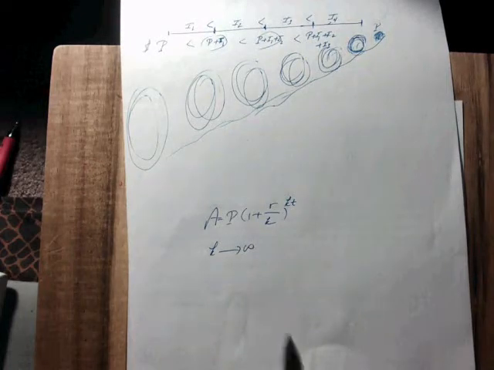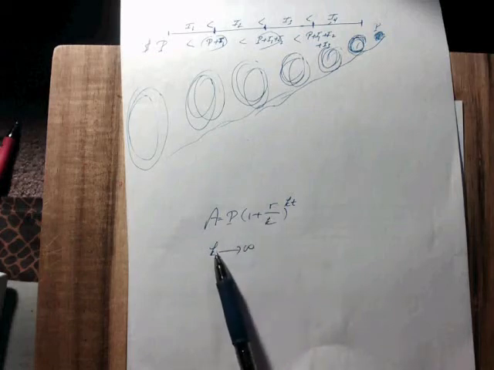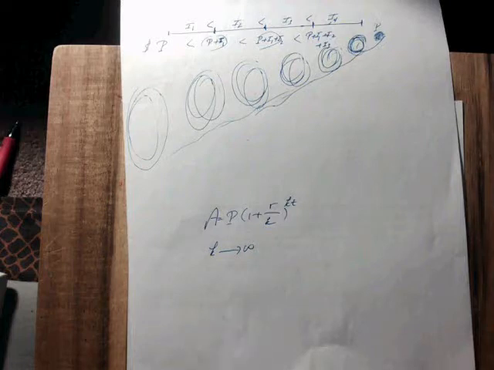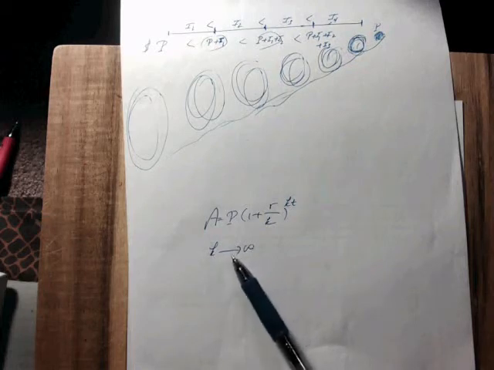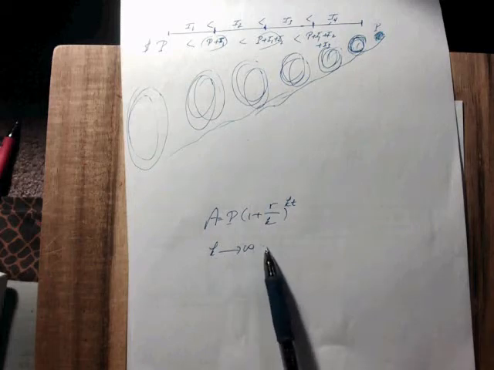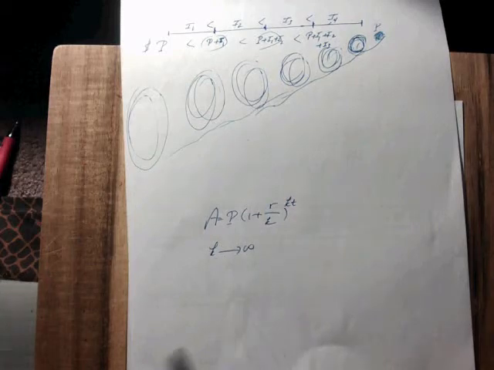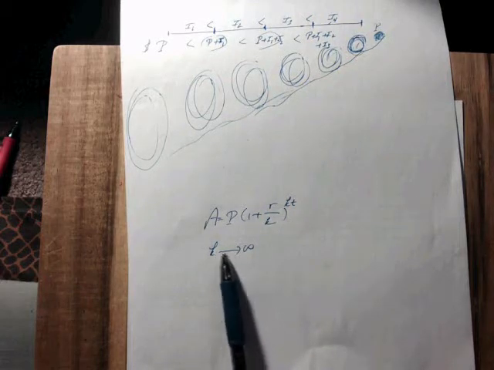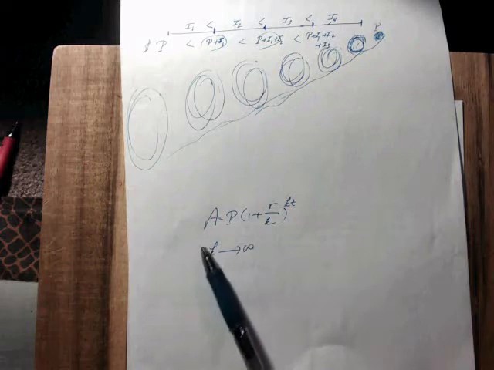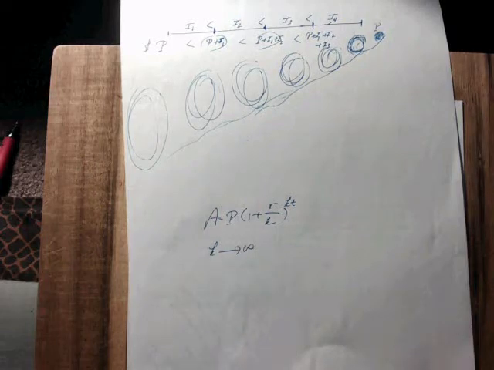When I say K goes to infinity, what does that mean? That means what happens to this formula when K is really big? 10 trillion, 5 billion trillion, because there is no limit to it, it can go to infinity. So what happens to this formula when K eventually gets to infinity, wherever that infinity is? This formula is going to change shape.